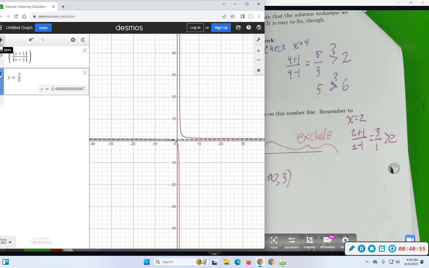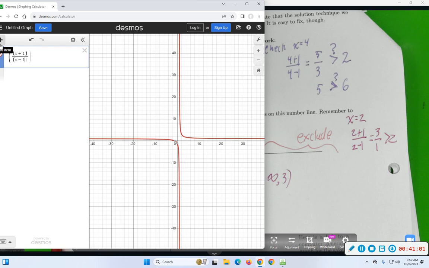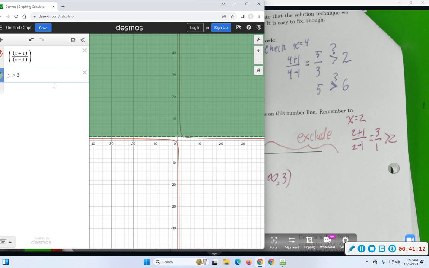And let's compare that to y equals 2. In fact, we can just do this. Y bigger than 2. So the green region represents everything with y bigger than 2. Does it look like for x's, all of these x's, the red curve is in the green region? No, so this is just wrong.